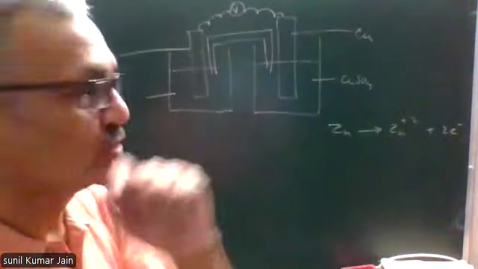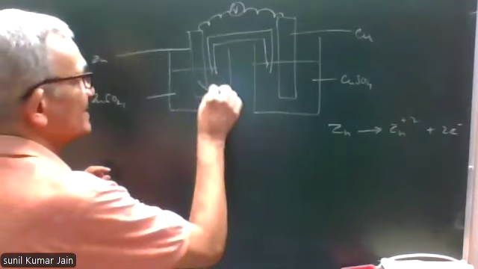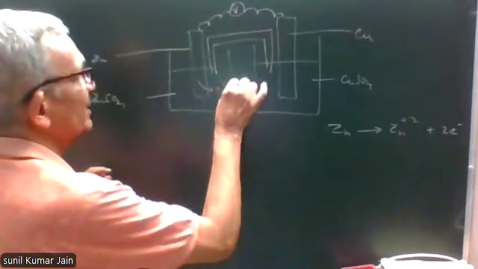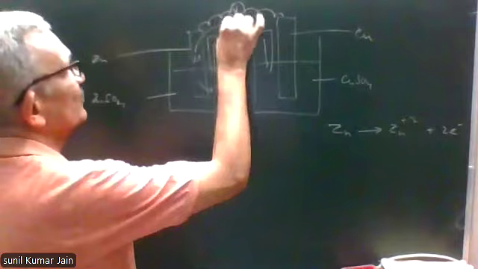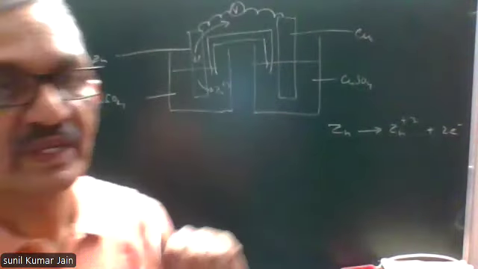Look here, two products. Zinc ions will go into solution and electrons will move towards the copper rod.